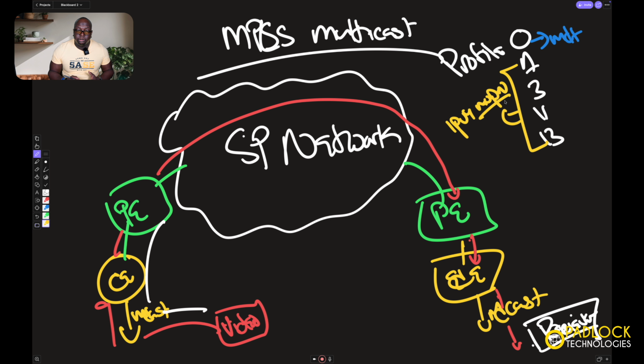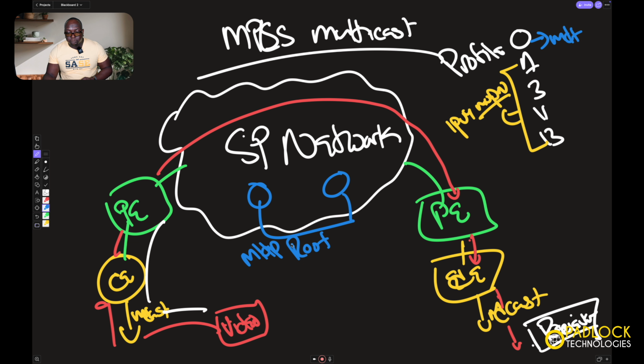The difference between the two is MLDP is ingress replication, because what you're going to have to do is, let's say you have 2 PE routers in here, you're going to have to say this is the MLDP root. When the label comes in for multicast on MLDP, it will get sent to one of these roots, and then the root will ingress replicate to whatever PE.